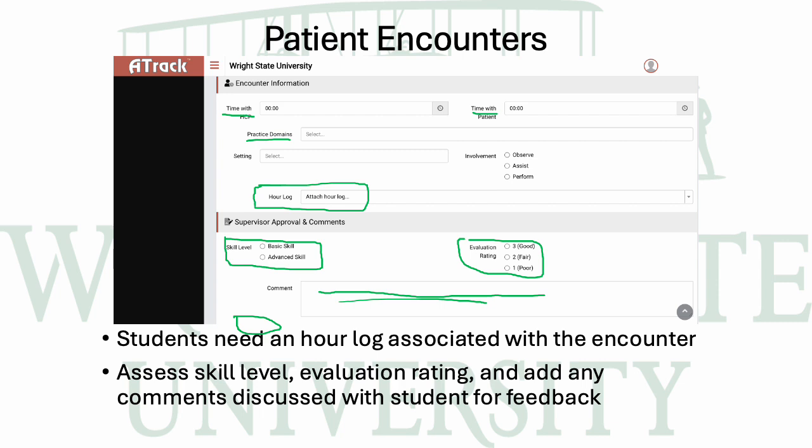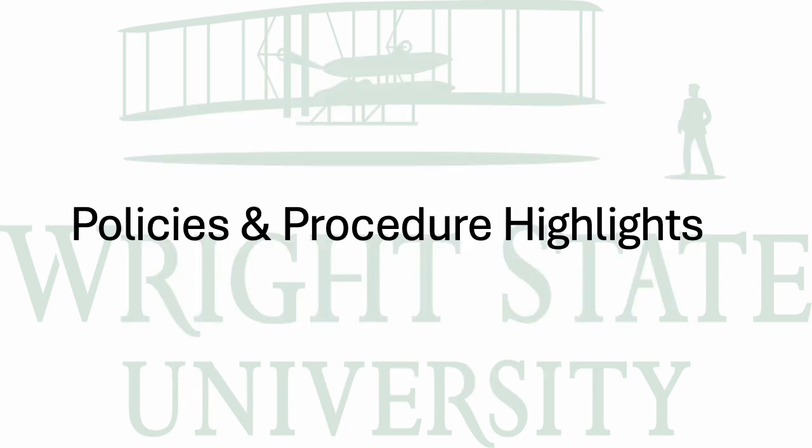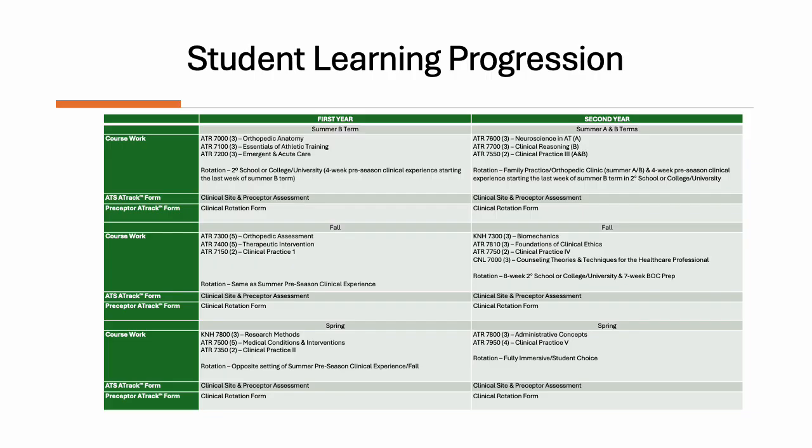We'll circle back to some other ATRAC things, but right now I also want to get into some of the policies and procedures. So you were given in the email the latest policy and procedure manual. In that manual, you can flip through and see how we are progressing our student through learning.